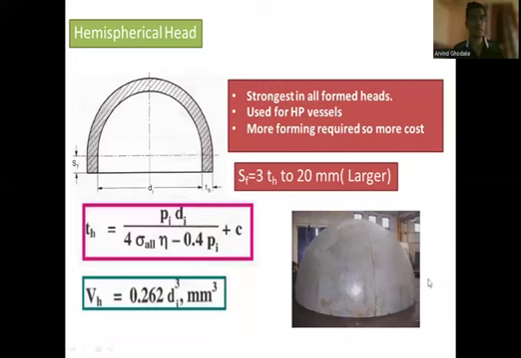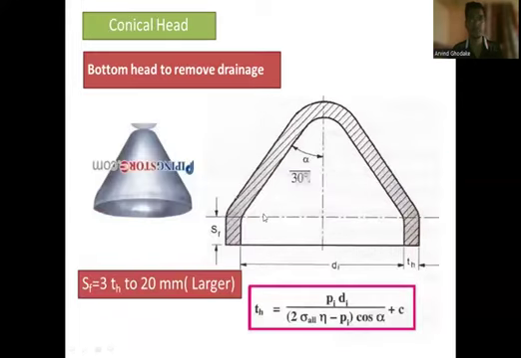Then the thickness of the hemispherical head is calculated using the formula Pi Di upon 4 times sigma allowable into eta minus 0.4 Pi, plus C. Then the conical head, a bottom head used for drainage. The thickness of the conical head is calculated using the formula Pi into Di by 2 times sigma allowable into eta minus Pi into cos alpha, plus C. The angle alpha is generally taken as 30° for the conical head.